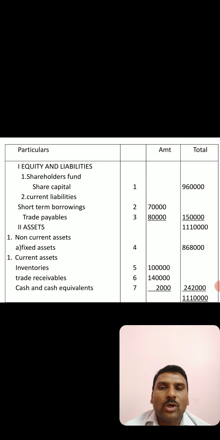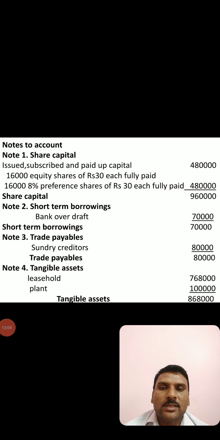Second, short-term borrowings 70,000, there is no change, and trade payables 80,000, there is also no change. Now the revised liability total is 11,10,000. In the same way fixed assets were reduced.